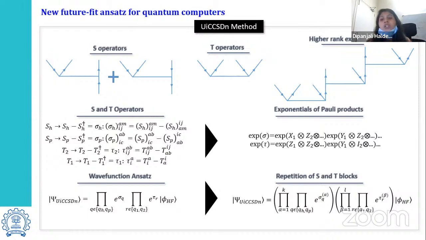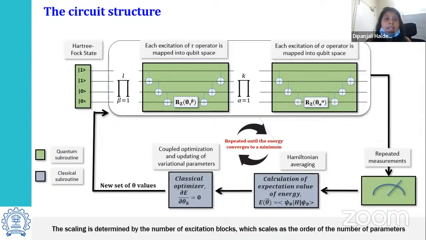Now we also further repeat our ansatz, make repetitions of our ansatz so as to get better accuracy and precision. And here is the detailed circuit structure where the T operators act directly on the Hartree-Fock state, and the S operator necessarily acts on the entangled states produced by the T operators when acted on the Hartree-Fock state.